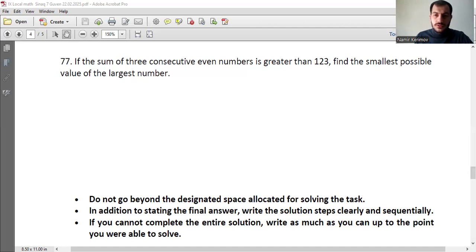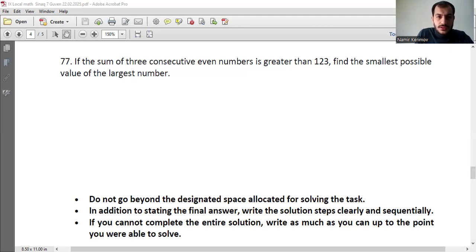So n is more than 117 divided by 6. So it's 19 and 3 over 6. So n can be 20.